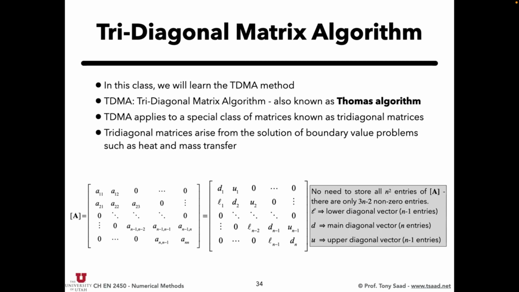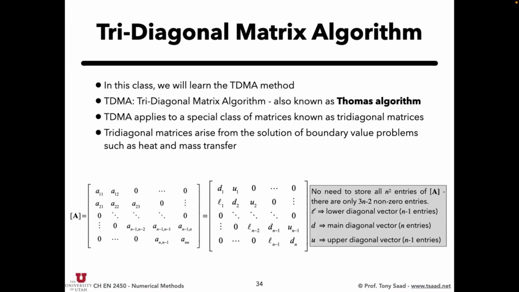It's just a vector that contains the entries D1, D2, D3, all the way to Dn. The upper diagonal, likewise, is a vector, but the size of this vector is n minus 1, because it's shifted by 1 entry. Same thing for the lower diagonal L: the lower diagonal vector goes from L1 to Ln minus 1.